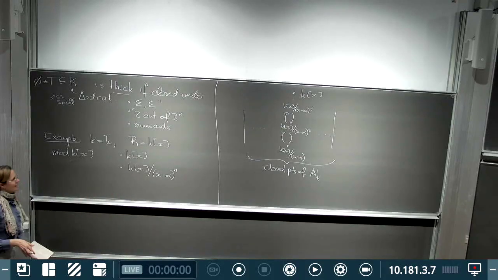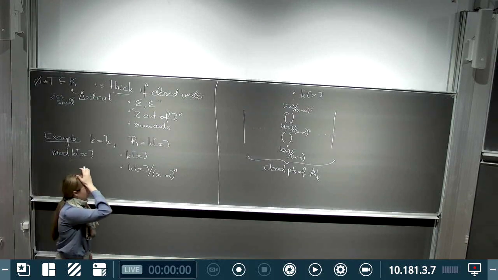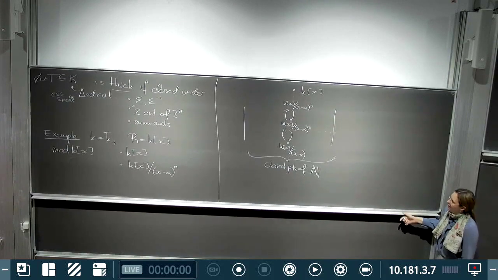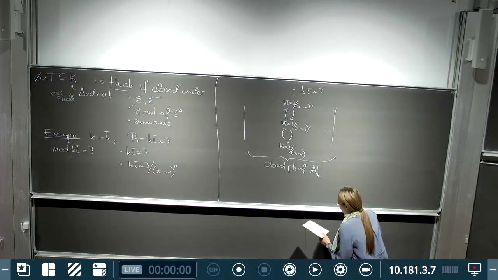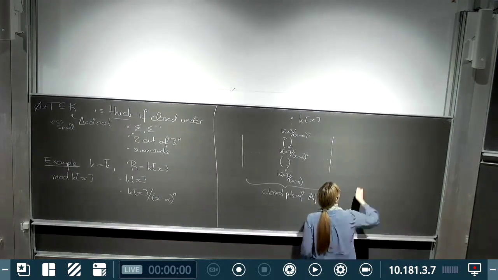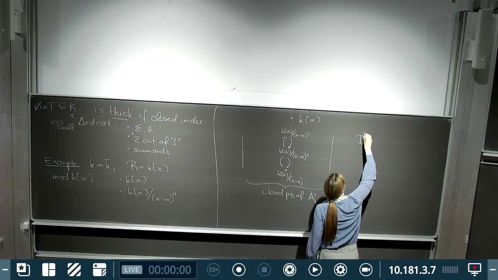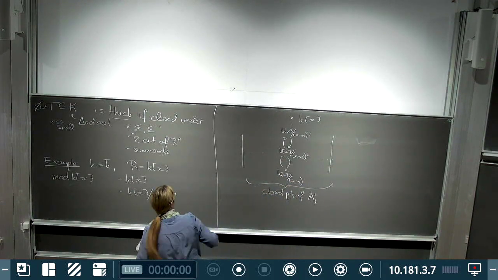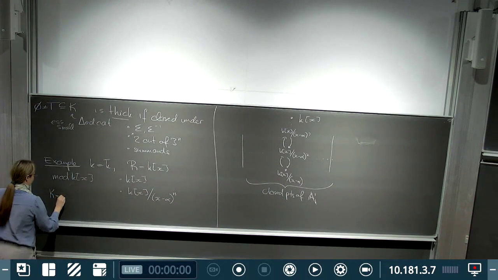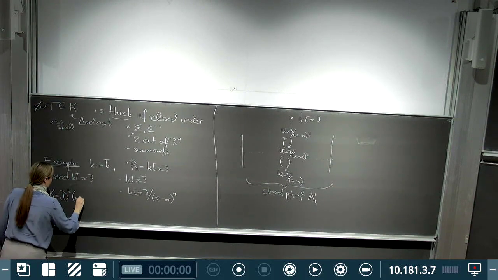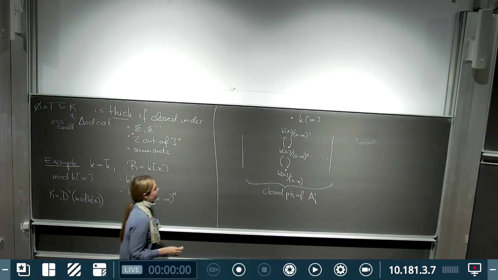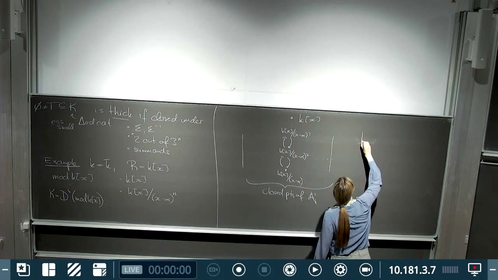All right, so that's the picture we get. So what happens? Well, if we think of thick subcategories, we always have the whole category, maybe we can just call that K, the bounded derived category.